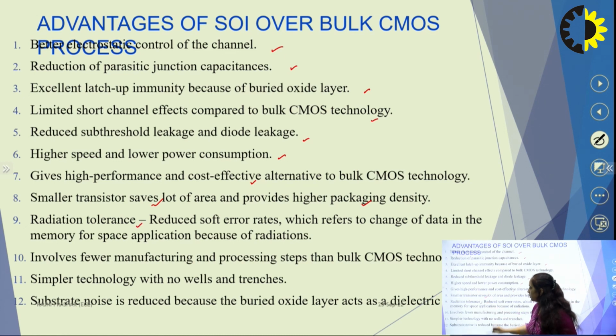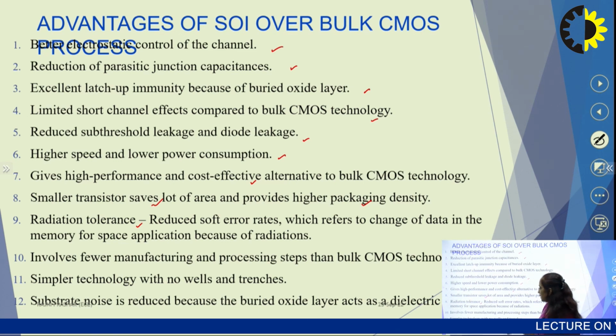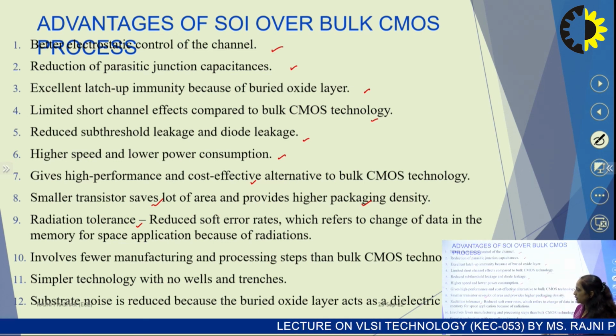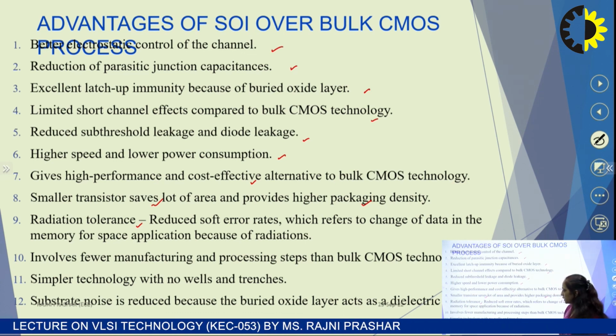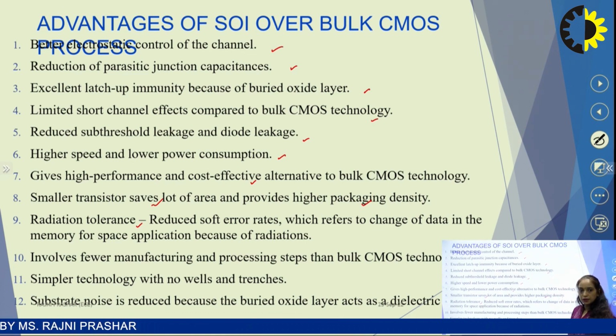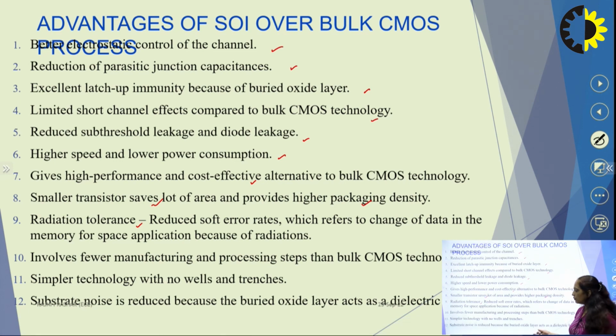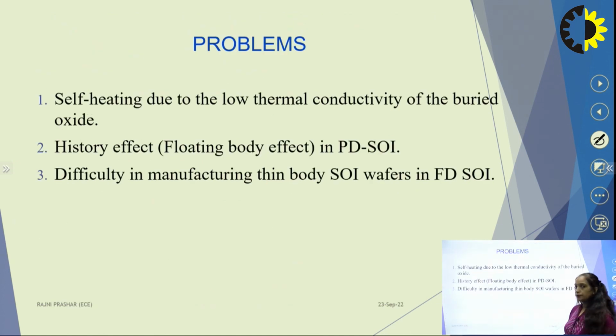Next is radiation tolerance. It reduces the soft error rate, which refers to the change of data in the memory for space applications because of radiation. It involves fewer manufacturing steps as compared to bulk CMOS technology, because no wells and trenches are there. Next, substrate noise is reduced because of the buried oxide layer, which acts as a dielectric material.